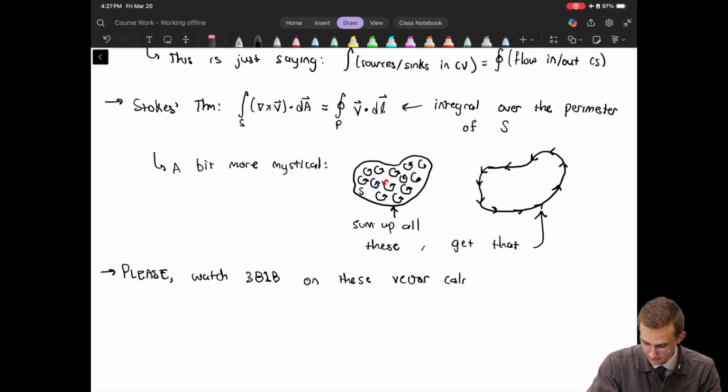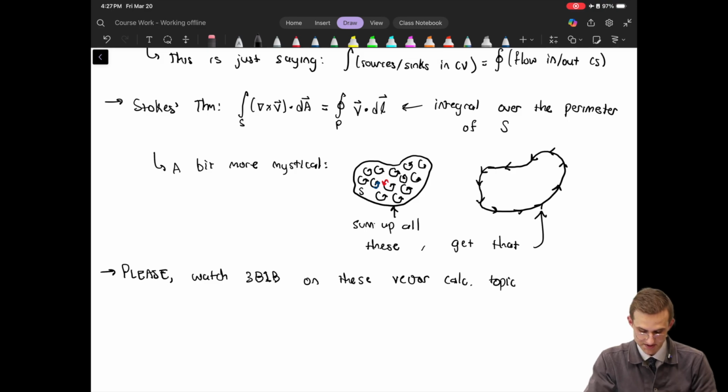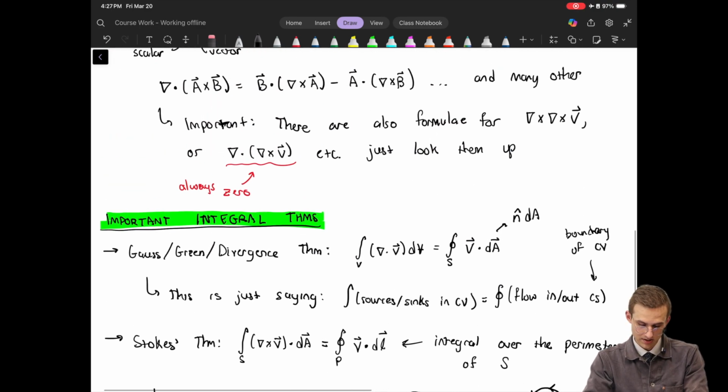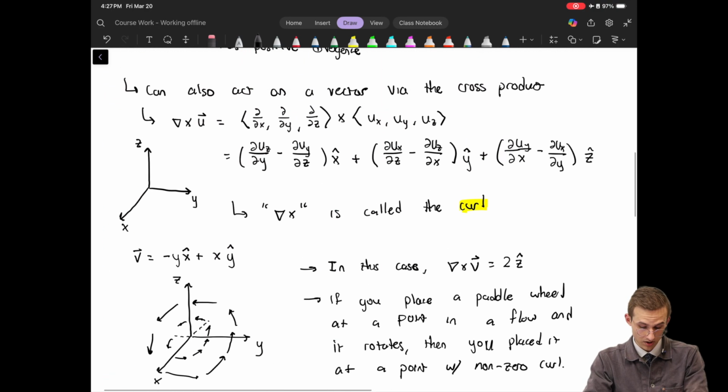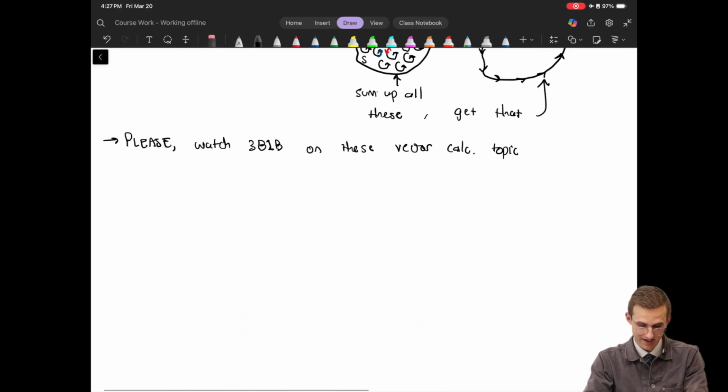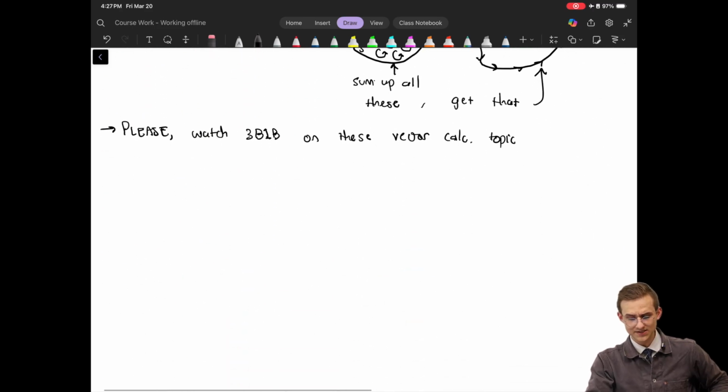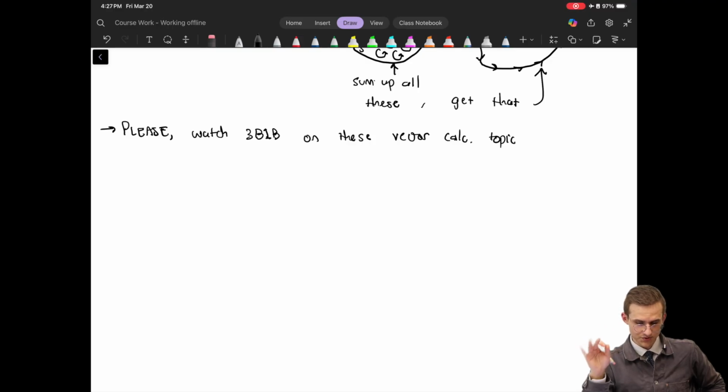Like anything from the gradient operator to the divergence theorem and Stokes' theorem, all these curl and divergence things, I am almost certain that Grant has some amazing visual material for you to learn about these things.